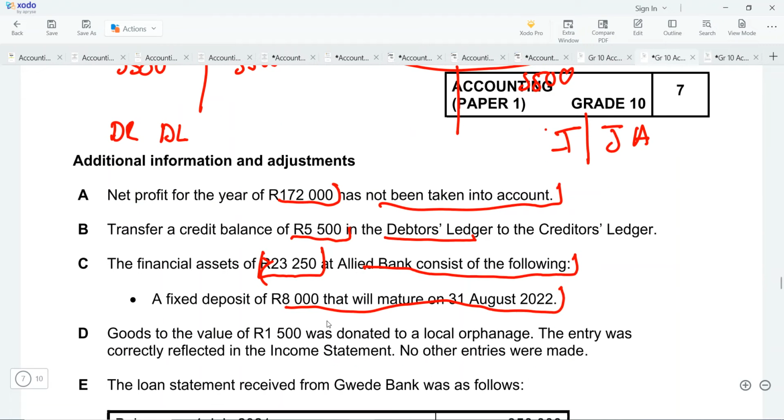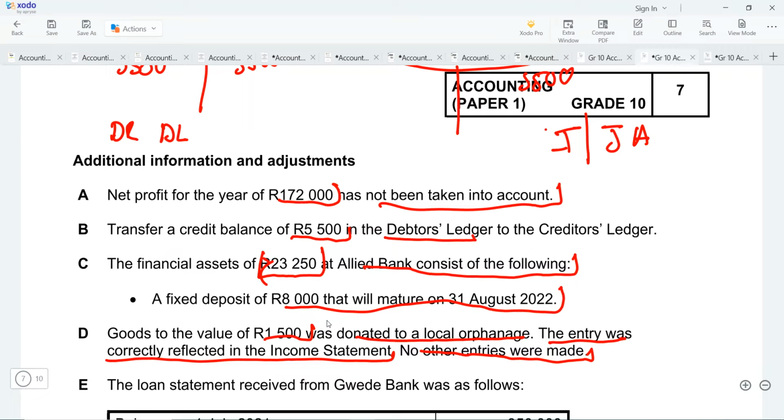And then the next one, they're saying that goods to the value of 1,500 was donated to a local orphanage, and they're saying the entry was reflected correctly in the income statement, meaning that it was recorded as donations, but no other entries were made. So the movement of those goods was only reflected on the income statement, but in our trading stock it doesn't show that it was taken out.